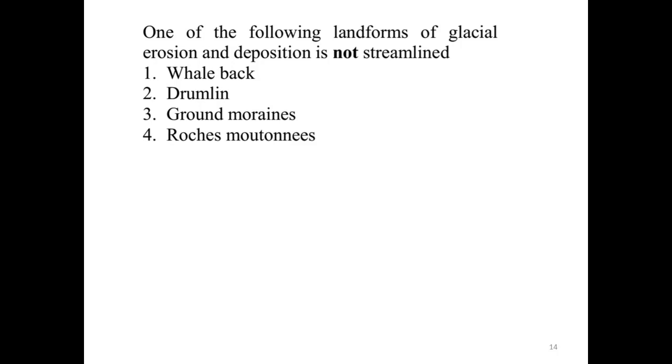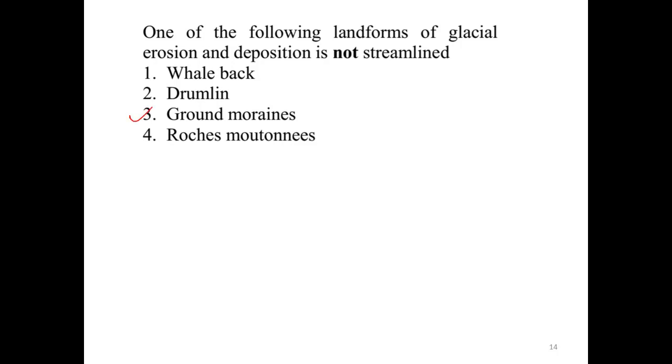If we look at them one by one, whalebacks, drumlins, and roches moutonnées are the landforms which are streamlined. You can look at their diagrams on the internet and in various books, and the correct answer would be ground moraines.